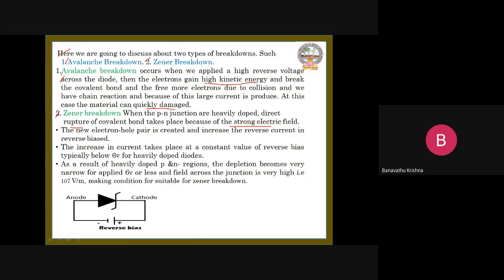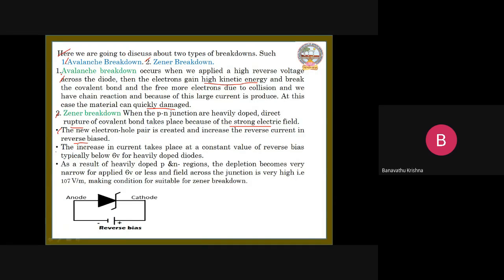Due to that rupture, the covalent bond breaks because of the strong electric field. This electric field pulls the charge particle from the outermost orbit, and a new electron-hole pair is created, increasing the reverse current in the reverse bias condition. Our aim here is to measure the reverse currents using the Zener diode.